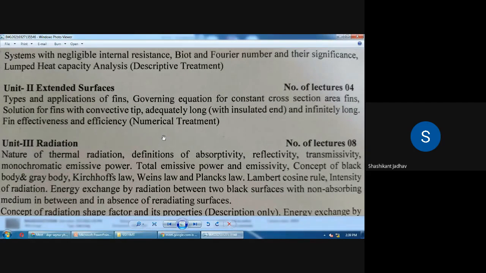Heat transfer rate Q is h into A into temperature difference, and for the design consideration we maintain a constant temperature difference. So in what way can we improve the rate of heat transfer? Anyone? What is another way to improve the heat transfer rate?